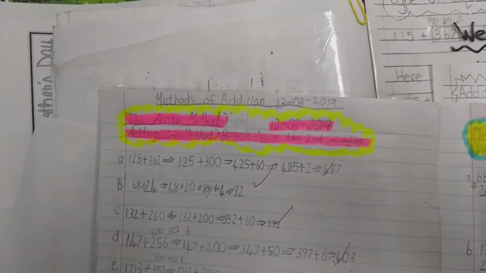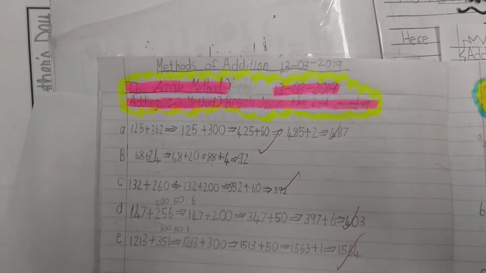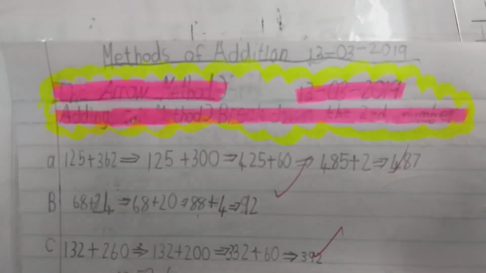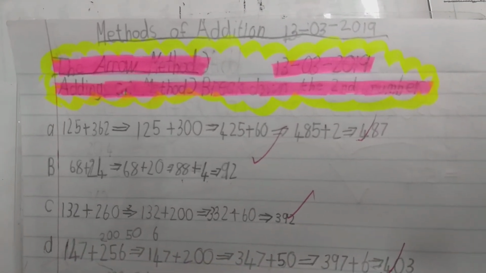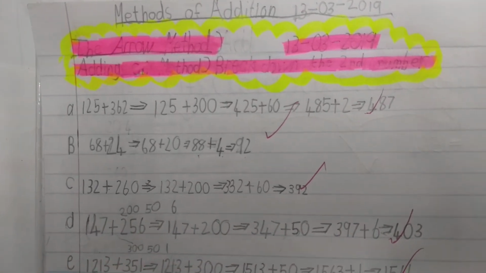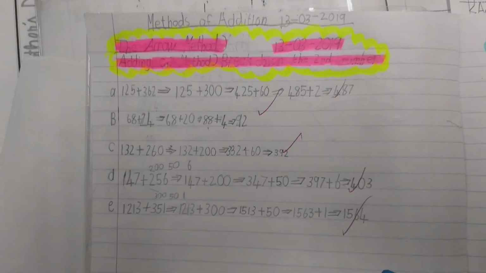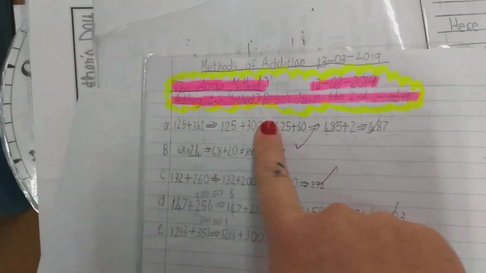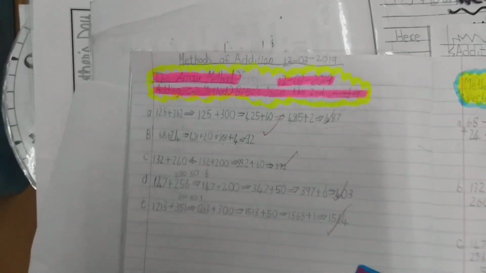You're going to write the heading and date. And if you want to highlight certain bits to make it clear in your mind, you can certainly do that. I love highlighting. Then you can just get down to doing your actual sums in your book. Let's see how it goes today.